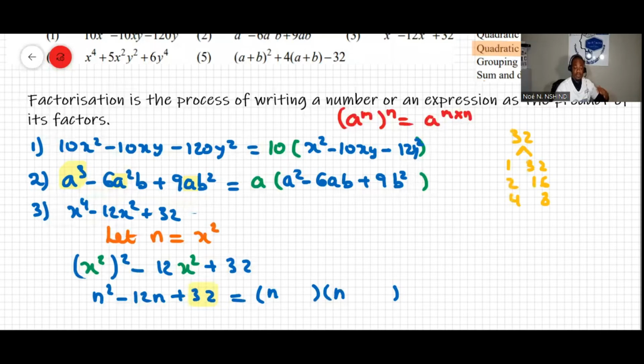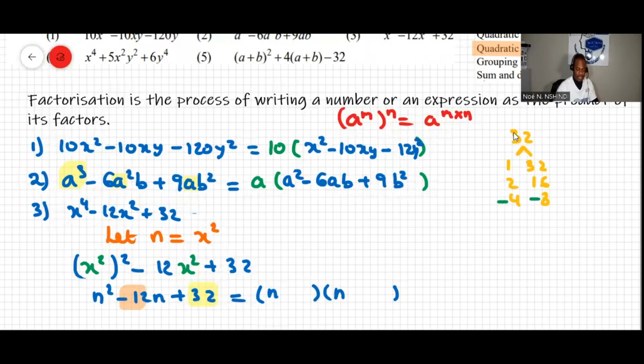Now, in the list of the factors, there must be only one couple that will sum to the coefficient of the middle term, which is negative 12. So let's see, can I get negative 12 here? Yes, I can get negative 12 with 4 and 8. So it must be negative 4 and negative 8, because negative 4 minus 8 makes negative 12, and of course negative 4 times negative 8 makes positive 32.